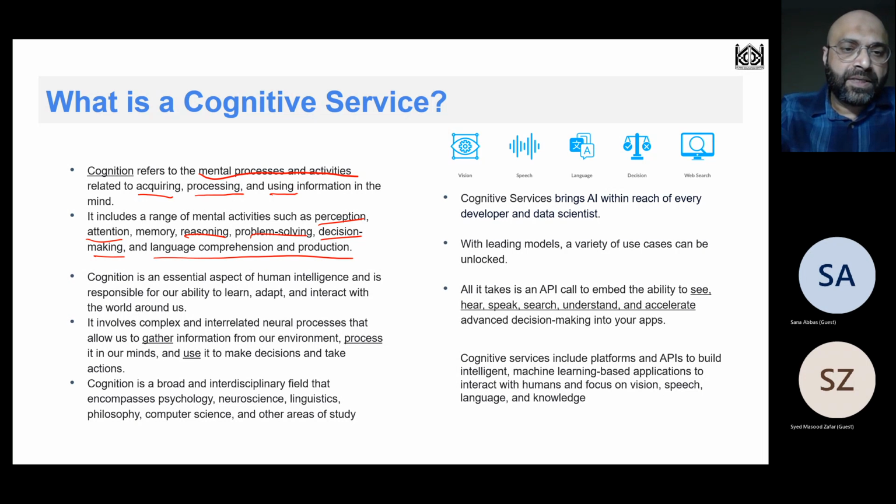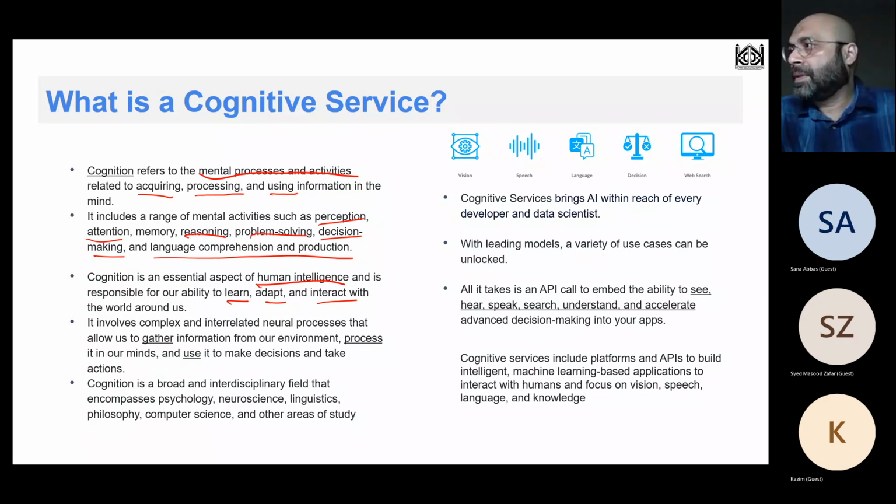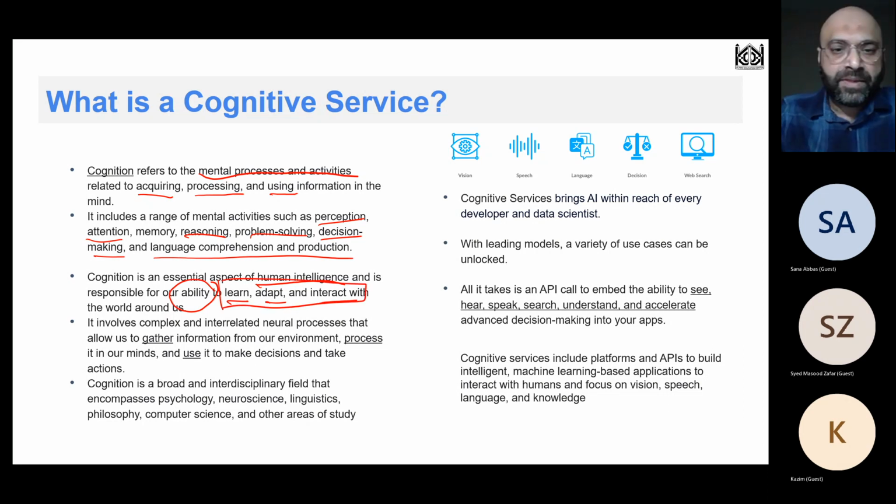Okay, cognition is an essential aspect of human intelligence, responsible for our ability to learn, adapt, and interact with the world around us. It gives us the ability to perform these actions. It also involves complex neural processes to gather information, process it, and then use it, right?